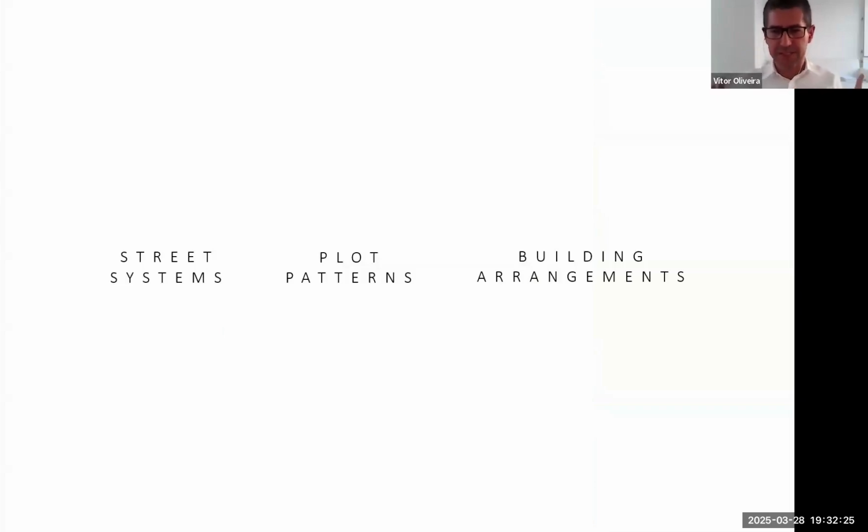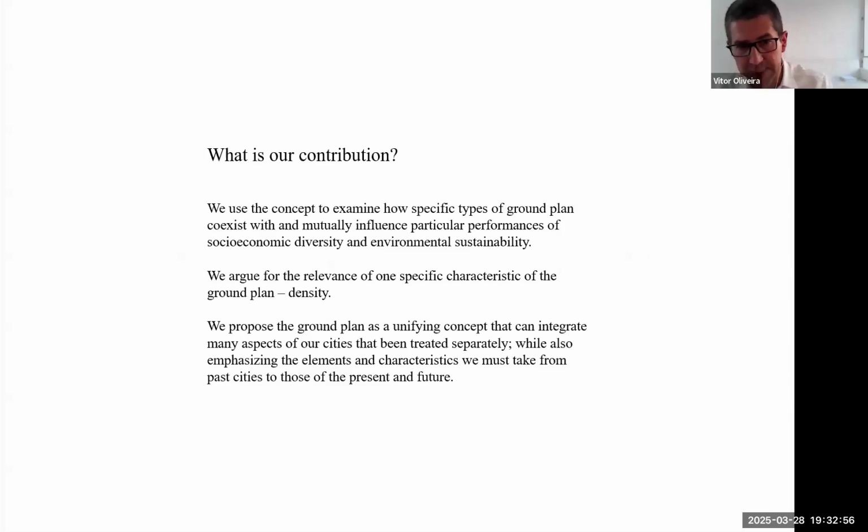And the concept brings together these 3 elements of urban form: street systems, plot patterns, and building arrangements on the ground. The concept was developed by other researchers, people like Jeremy Whitehand, Terry Slater, and many others that throughout the years have developed it and made it more robust.